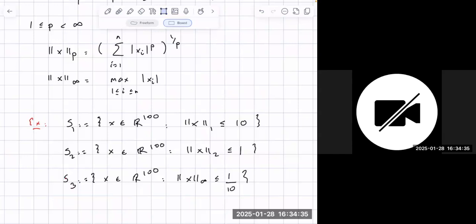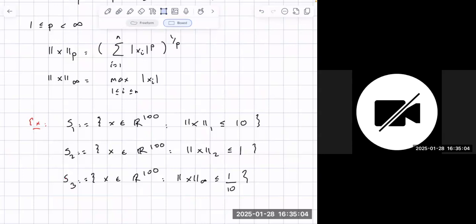I could walk around and take any questions meanwhile. The last one, at least to me, is kind of easy to think about, every coordinate.